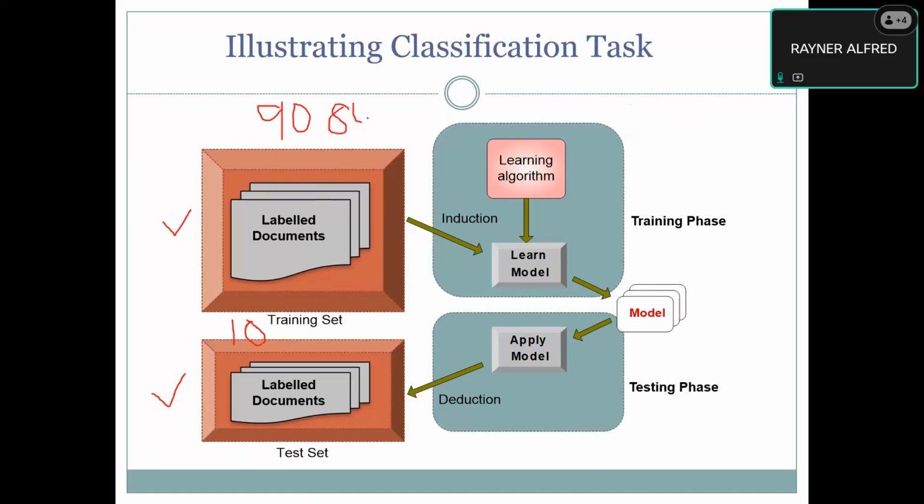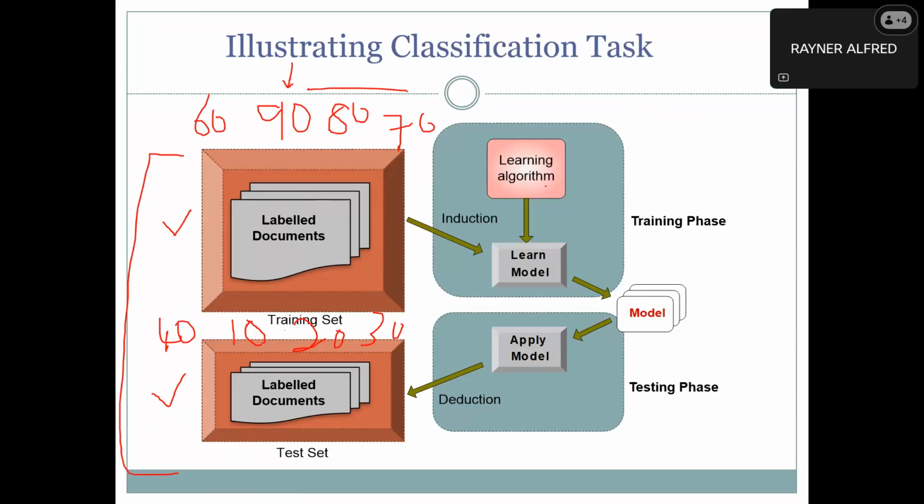Or you could have 80% and 20%, 70% and 30%. So depending on the characteristic of your document, each of these partition of training and testing will give you different results. So you need to look at all these 3 or 4 options, for example, 60 and 40.